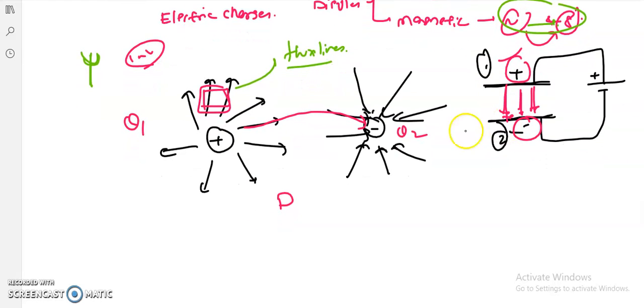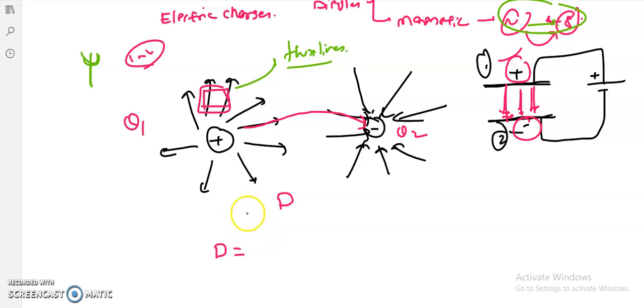So based upon this definition, the electric flux density, capital D, is the number of flux lines per unit surface area, or else the rate of change of flux lines per unit surface area. Both can be called the electric flux density.